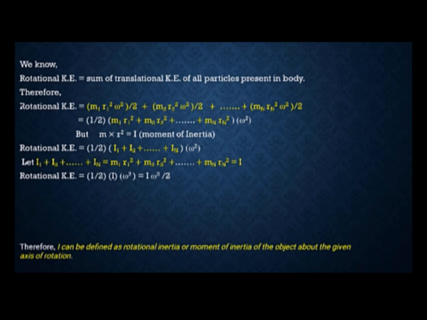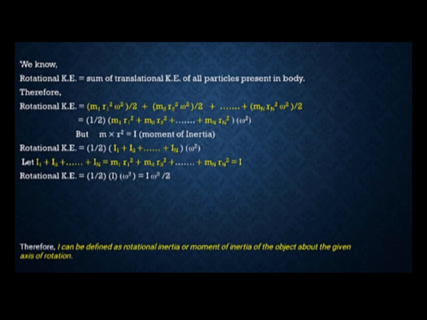We know rotational kinetic energy is equal to the sum of rotational kinetic energy of all particles in the body. Therefore, rotational kinetic energy is equal to m1 r1 square omega square upon 2 plus m2 r2 square omega square upon 2 plus, and so on, plus mn rn square omega square upon 2.